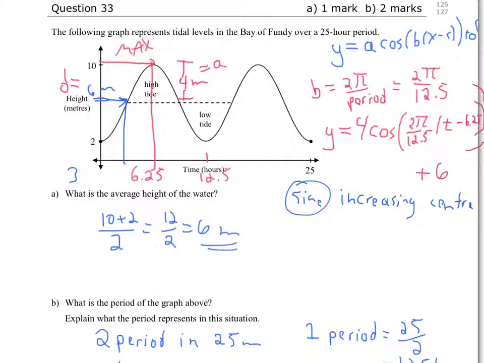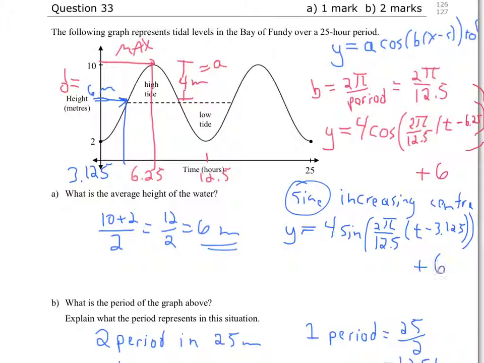That is 3.125. So my equation for sine: y equals amplitude 4, sine of 2 pi over 12.5, because the period's not changing, times t minus 3.125. And then I gotta write plus 6.